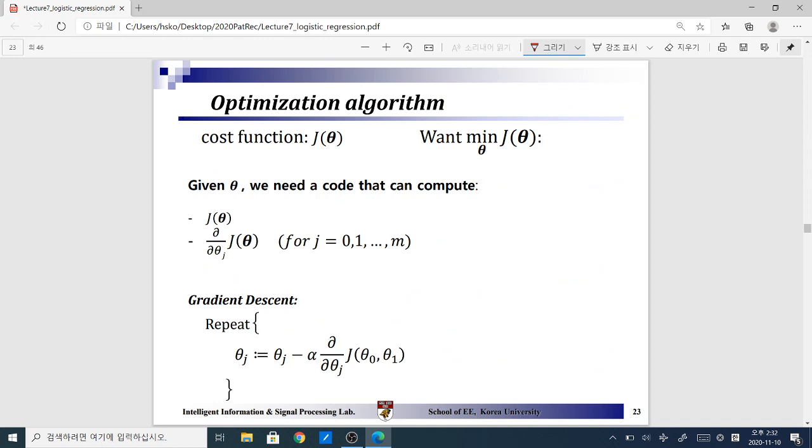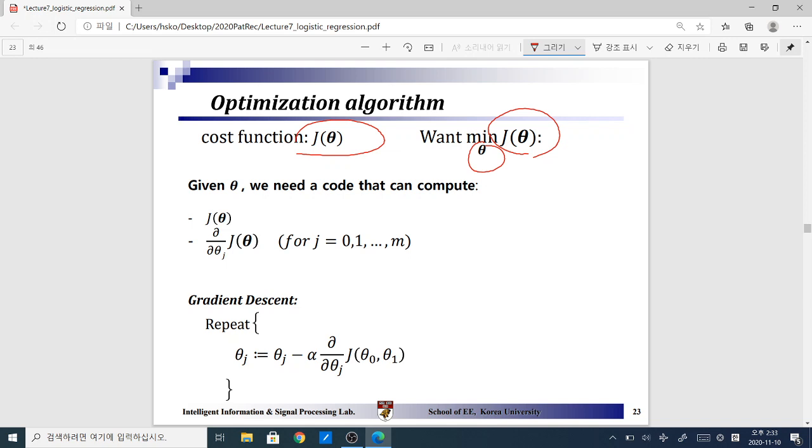Once again, what we have done was define the cost function. And for this cost function, what we want to do is obtain the parameter theta by minimizing this error function. That is, the theta that minimizes this error function is what we are trying to obtain.